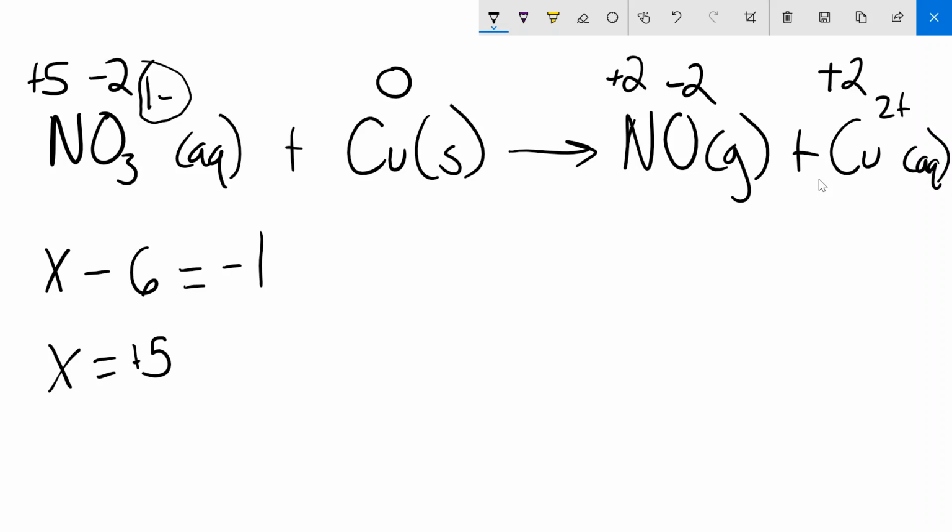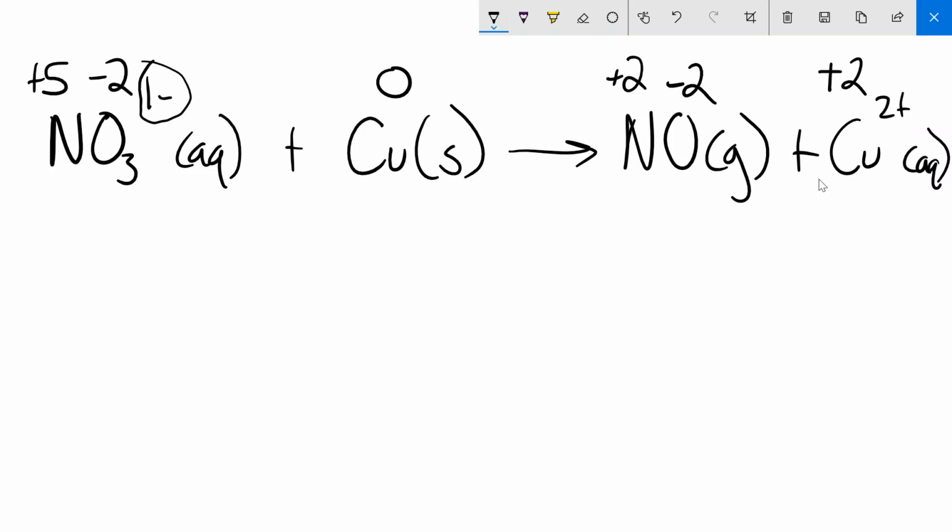So that gives us our ability to assign our oxidation states. Next thing that we're going to do is figure out which substance is oxidized and which substance is reduced. We can figure that out now because we have our oxidation states.